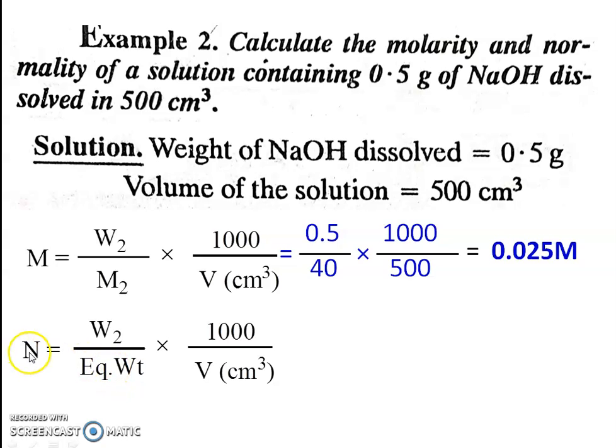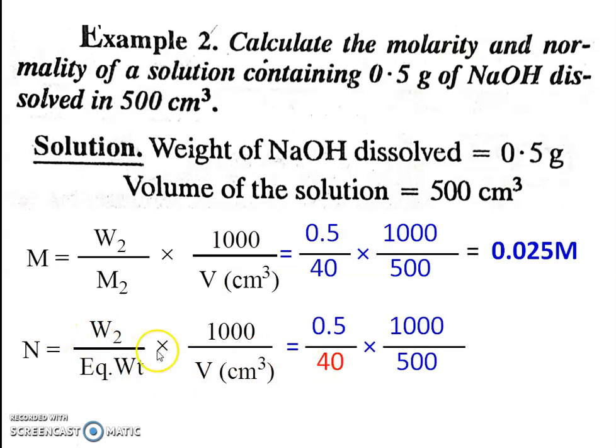The formula for normality is W2 upon equivalent weight into 1000 upon V. V is the volume of solution in cubic centimeter. For sodium hydroxide, molecular weight and equivalent weight are the same, that is 40. When we substitute the values, it is equal to 0.5.